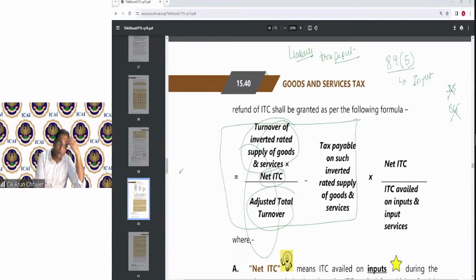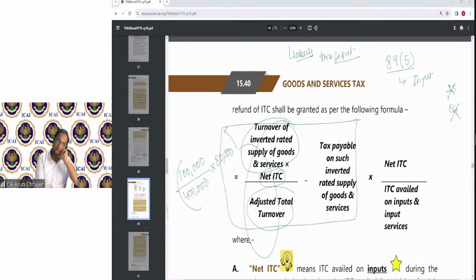Let's say my sale of AMC is 1 lakh rupees, which is under inverted duty. And my total sale is, let's say, 4 lakh rupees. And total ITC is, let's say, 80,000.